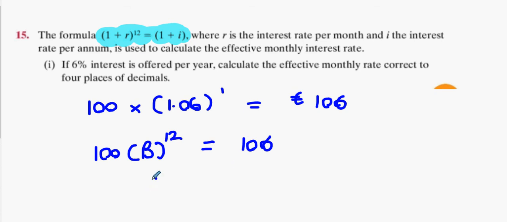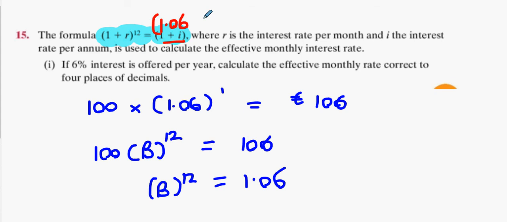Then you go B to the power of 12 is, what's 106 divided by 100? 1.06. That brings you up here. 1 plus i is 1.06, to the power of 12. My B letter, what does my B letter actually represent?